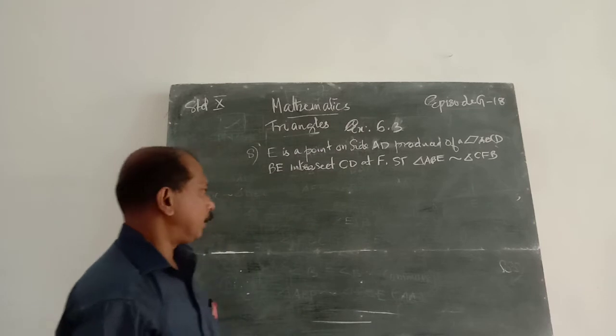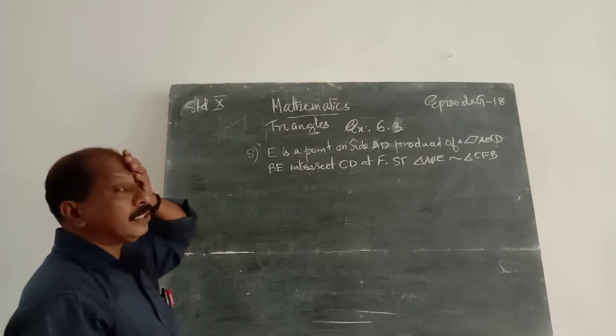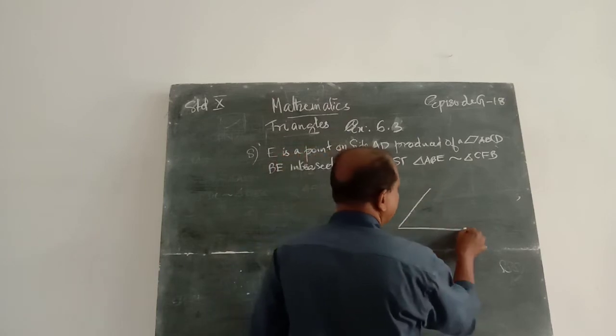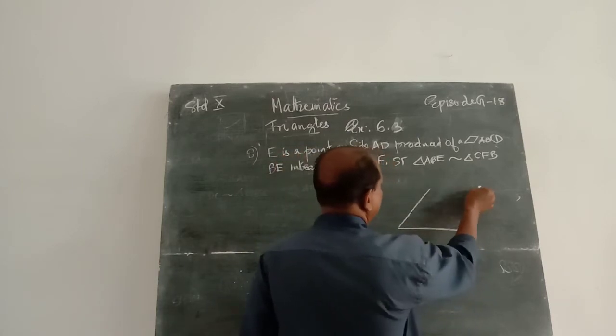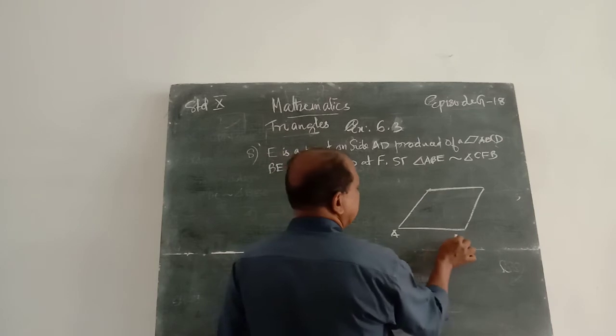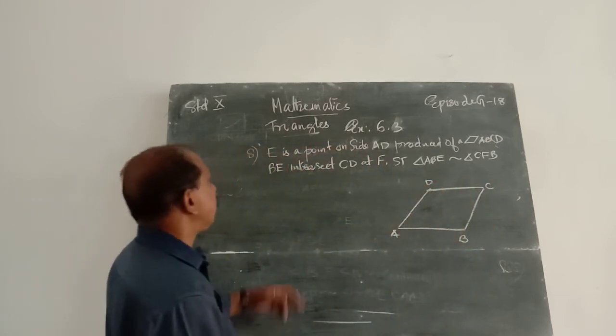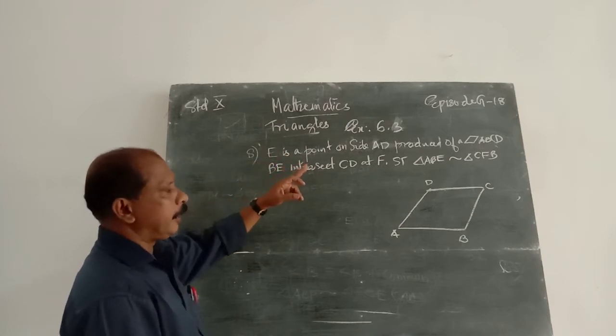That is the 8th question. That means ABCD is a parallelogram. E is a point on side AD produced.